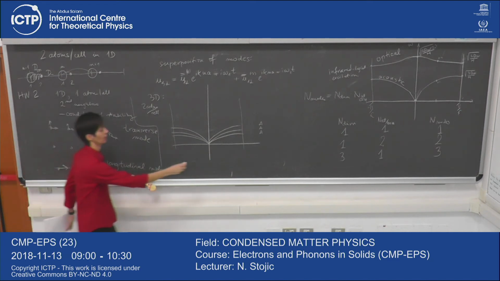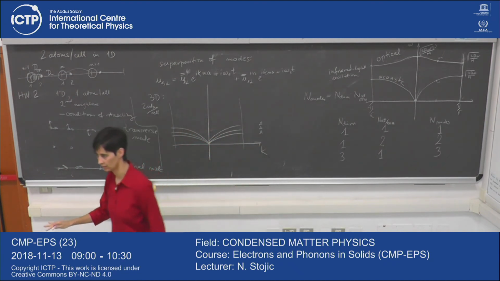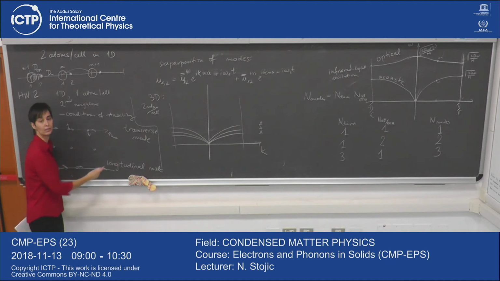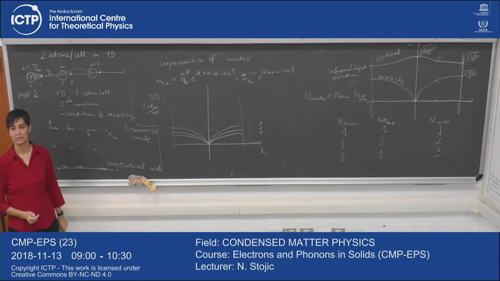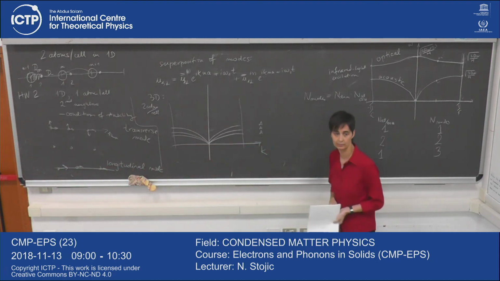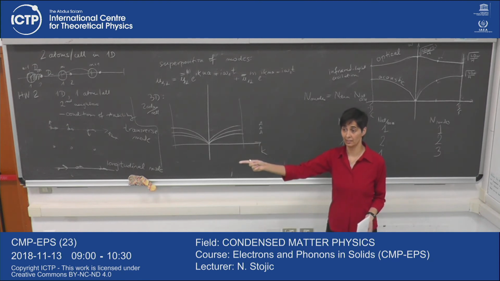We have a given K. I chose a K; it's given. I can call it Kx, but it's not important. For any given K, how many transverse can I have? Or how many longitudinal? Longitudinal, one along K. Yeah, because you chose the K, and only one can move along that.